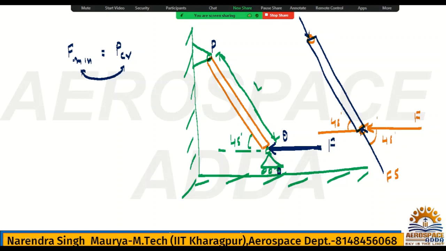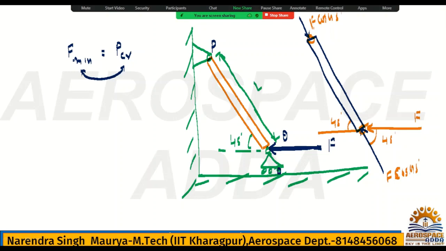One component of F will be here, another component will be here. So this side we can say it is cos 45. Now the axial loading is calculated: this is F cos 45, so definitely this will also be F cos 45.